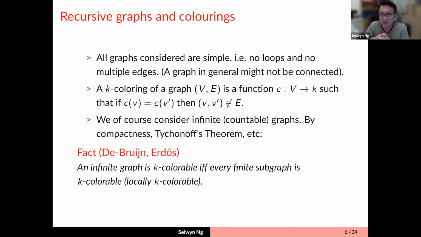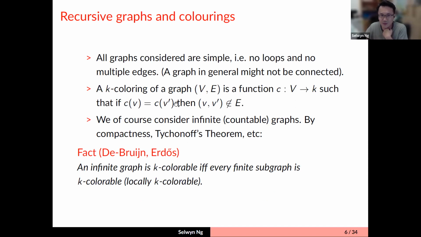Right. So in the subsequent discussion, I'm going to consider only simple graphs, so no loops and no multi-edges. But a graph in our discussion may or may not be connected, so you could have different components. K-coloring is going to be one which colors vertices.